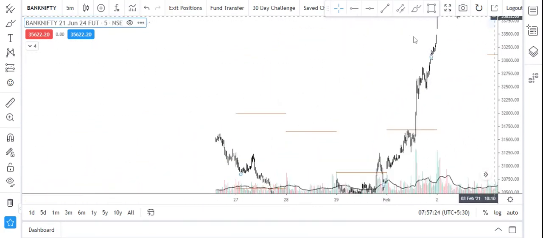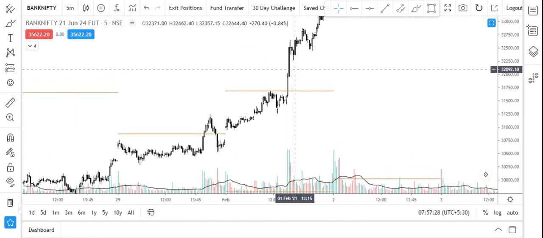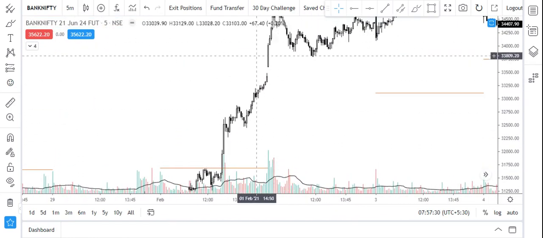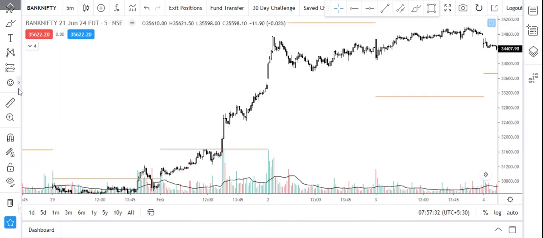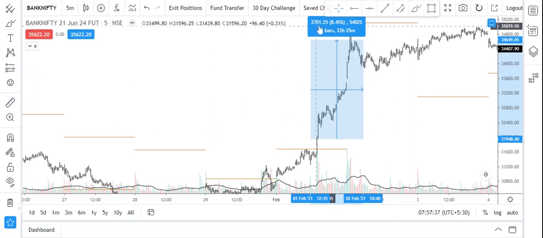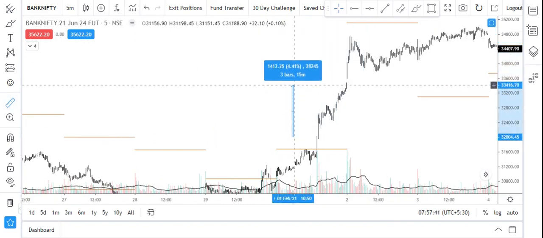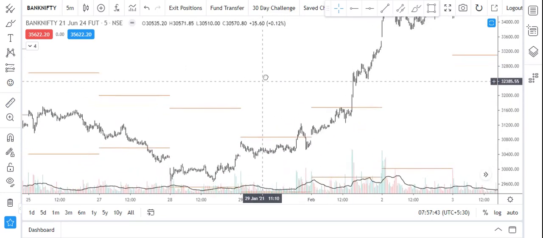The same happened on the budget day. You see there is a big breakout from here and a big follow through. This is around a 1500 point move, or more than that, I guess. It's around a 2700 point move till the next day, but we are intraday players, so we'll capture till here, around 1500 points.